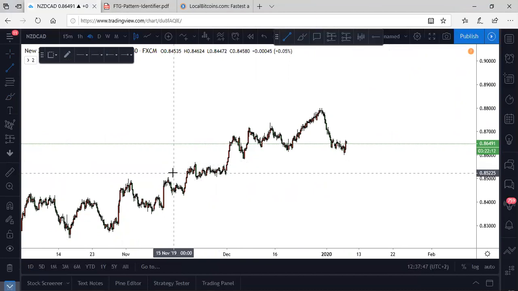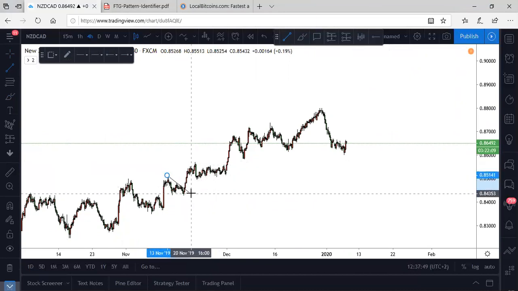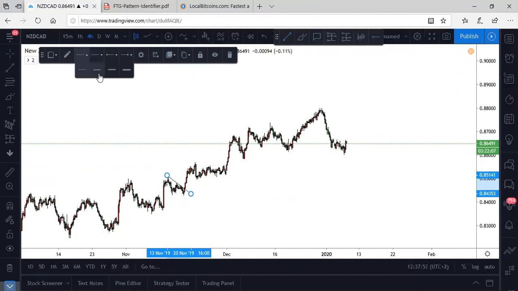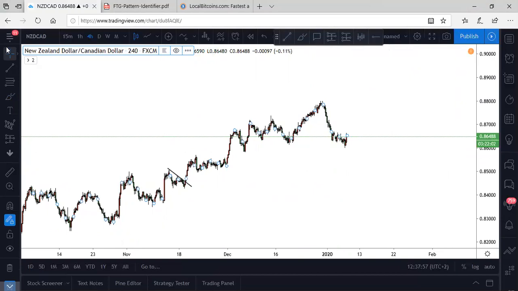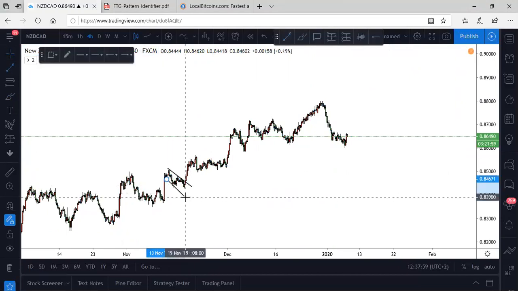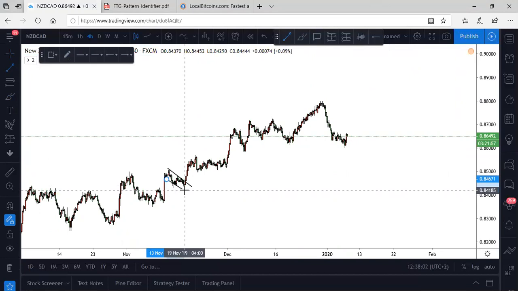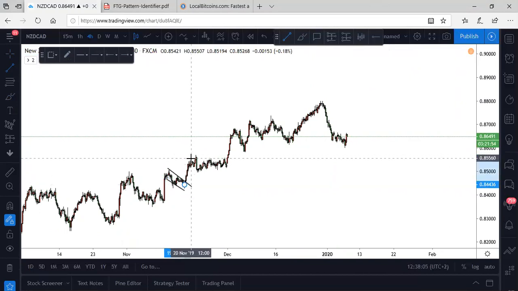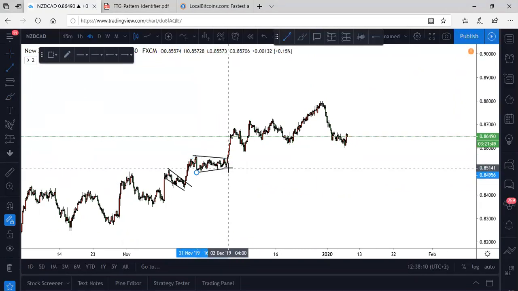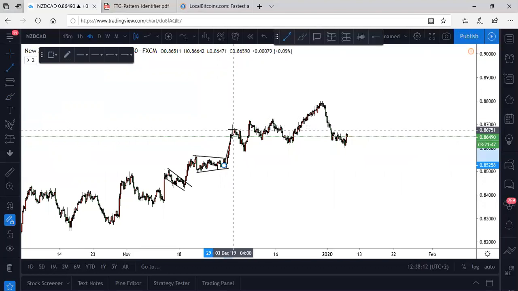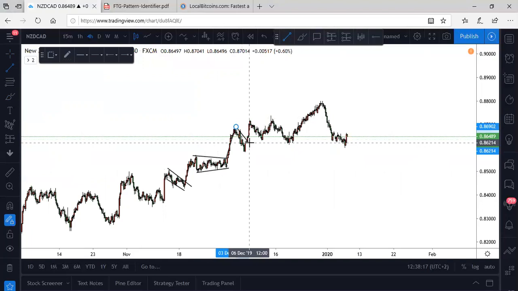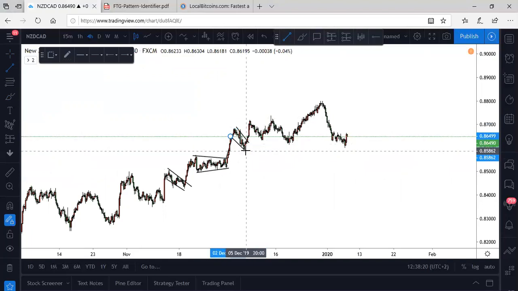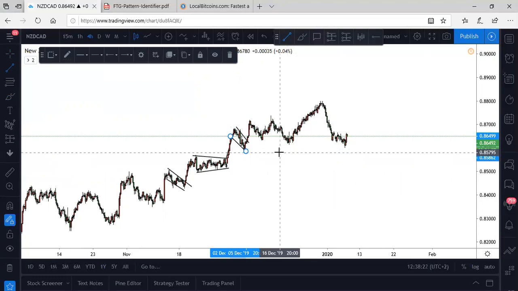You can see there is a correction phase, then impulse, correction, then impulse, then correction, as you can see here.